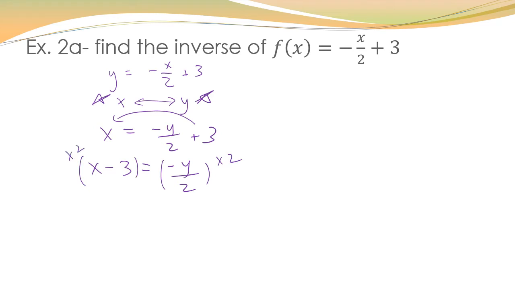So that's going to give us 2x minus 6 equals negative y. I want just y, not negative y. Divide everything by negative 1. Negative 2x plus 6 equals y.